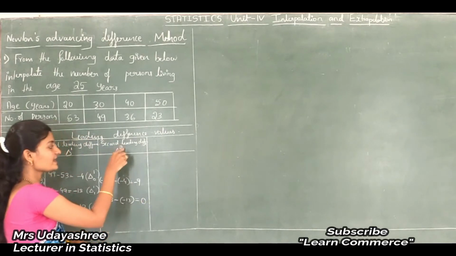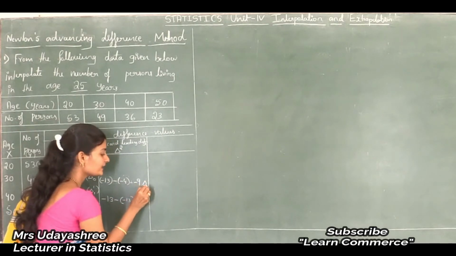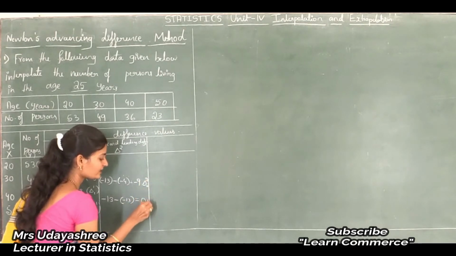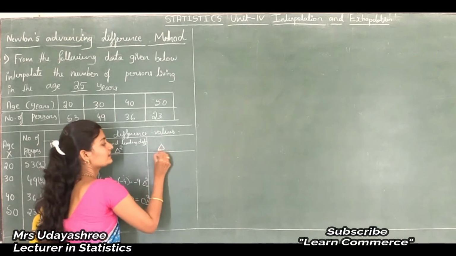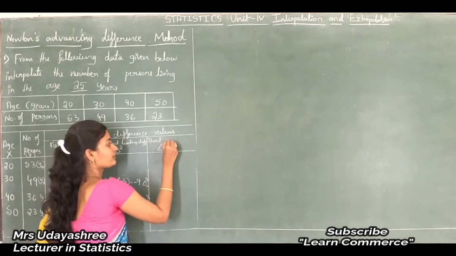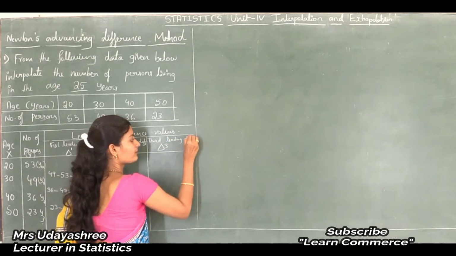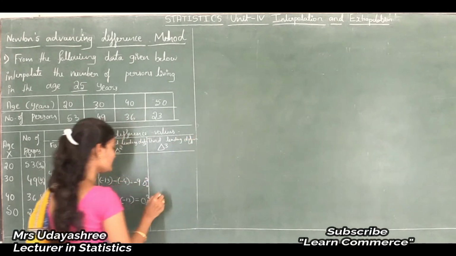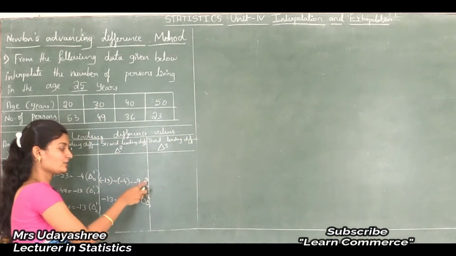These are delta 2 observations, so the first is delta naught 2 and the second is delta 1 2. Next column is the third leading difference. Here we do delta 1 2 minus delta naught 2.